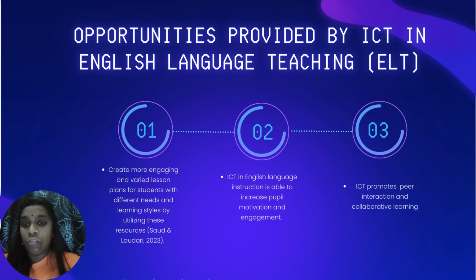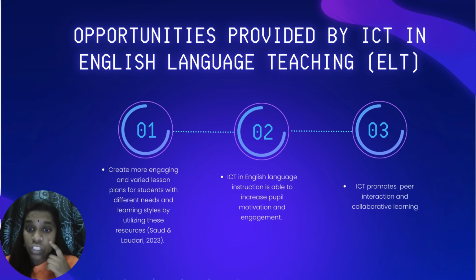And according to AFIFA in 2020, interactive exercises, videos, and animations are some examples of multimedia tools that captivate pupils and make learning more enjoyable because motivation is a critical component in language acquisition. So, this kind of engagement is imperative.